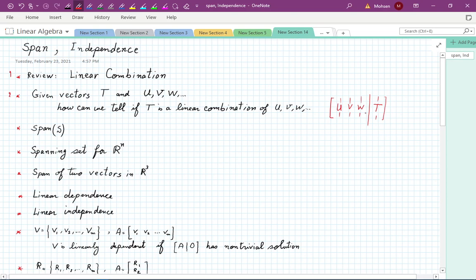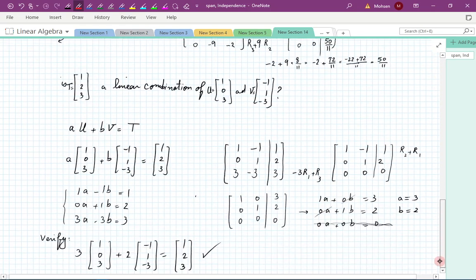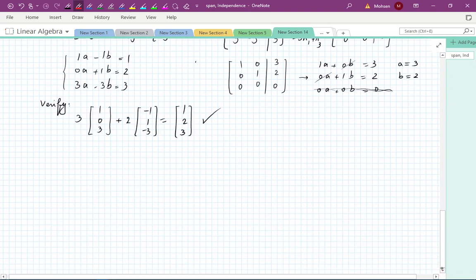Okay, going on to the next issue, the span of a set of vectors. You're going to just make a definition now. S is a set. S is a set. So u, v, w, and so on, whatever you have, is a set of vectors.